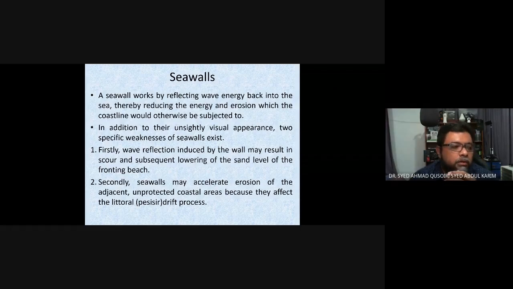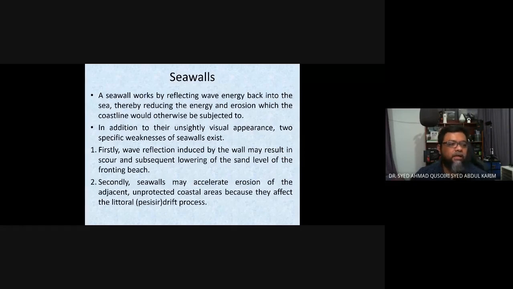And sooner or later, it can cause the seawall to topple over. Secondly, a seawall may accelerate erosion of the adjacent unprotected coastal areas because it affects the littoral drift process.